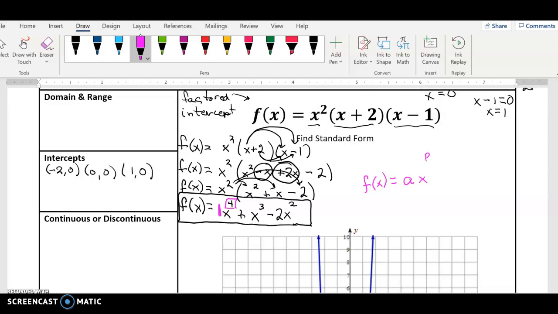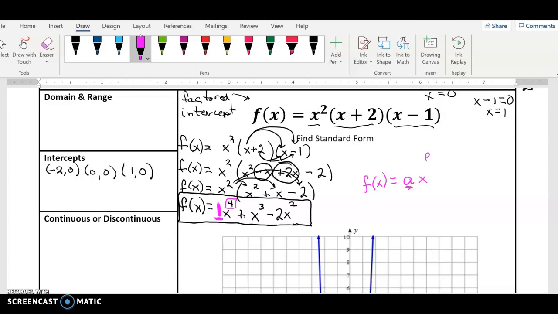The highest power is called the degree of the polynomial. And a is called the leading coefficient, because coefficients are the numbers in front of the x's. And the 1 is in front of the highest power. This is in the lead. This is the leading coefficient because it's out in front.